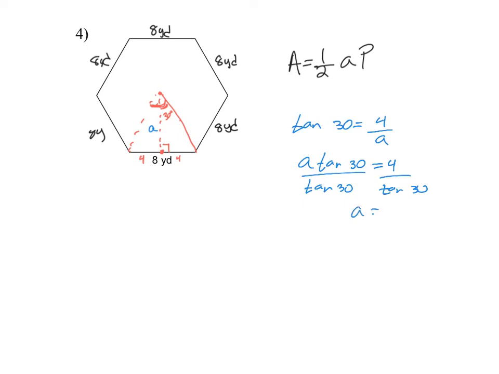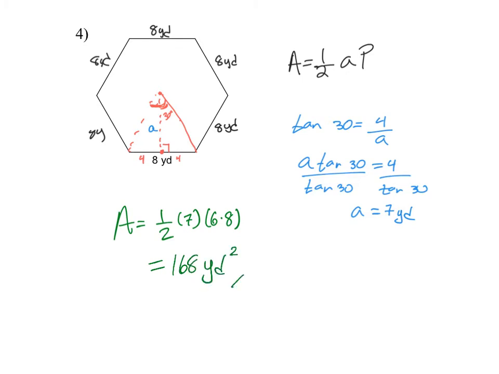So a in this case, rounded to the nearest whole number, is 7 yards. So my area is 1/2 times 7 times the perimeter, that is 6 times 8. So my area is 168 yards square.